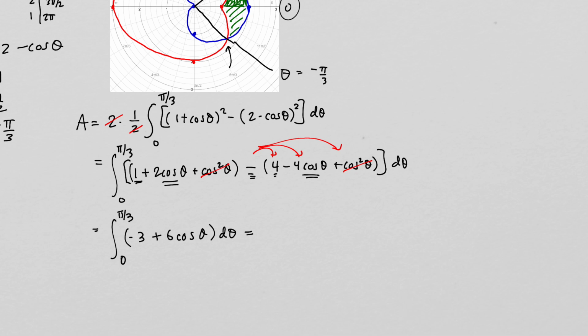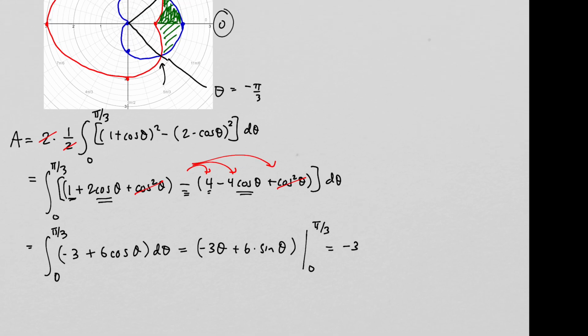And now this is a fairly straightforward integration problem. We have the antiderivative of negative 3, which is negative 3 theta, plus 6 times the antiderivative of cosine, which is sine. And we are going from 0 to pi over 3.